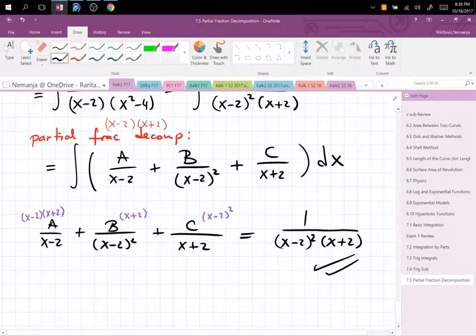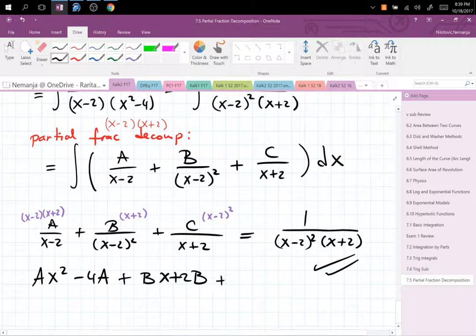When I FOIL x minus 2 times x plus 2, I get x squared minus 4. So ax squared minus 4a plus bx plus 2b, and now plus this one factored is x squared minus 4x plus 4.